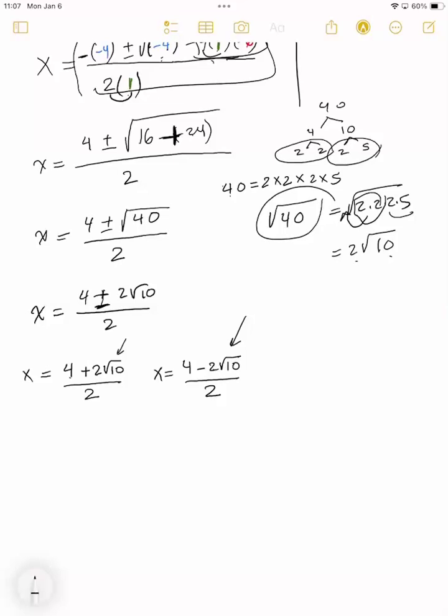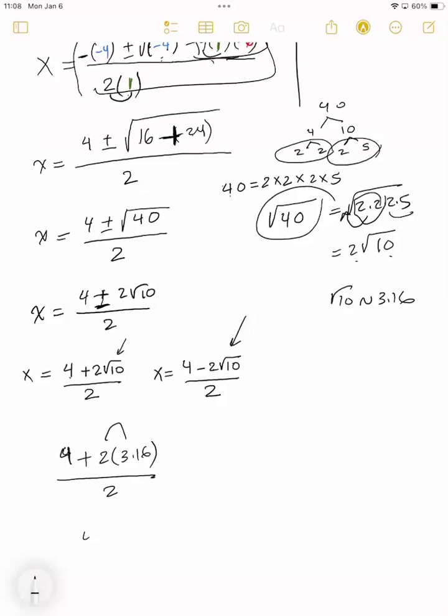Square root of 10 is 3.1622. I'm just going to take it as 3.16. I write the square root of 10 is about 3.16. So it goes as 4 plus 2 times 3.16 divided by 2. So I multiply those two first.